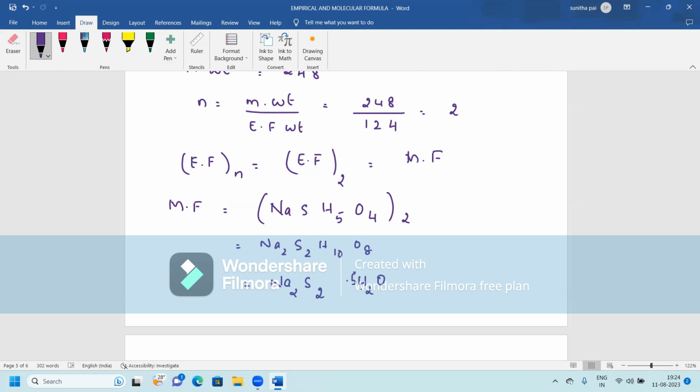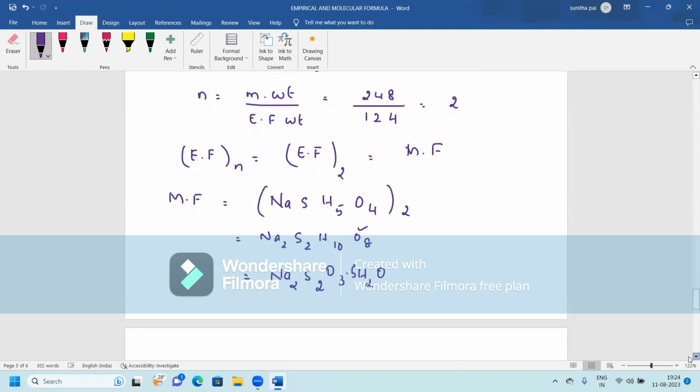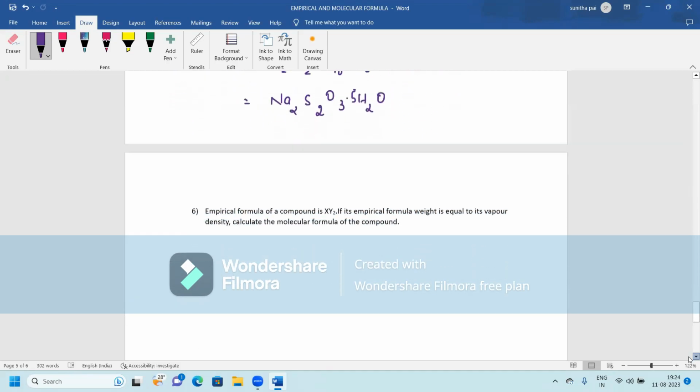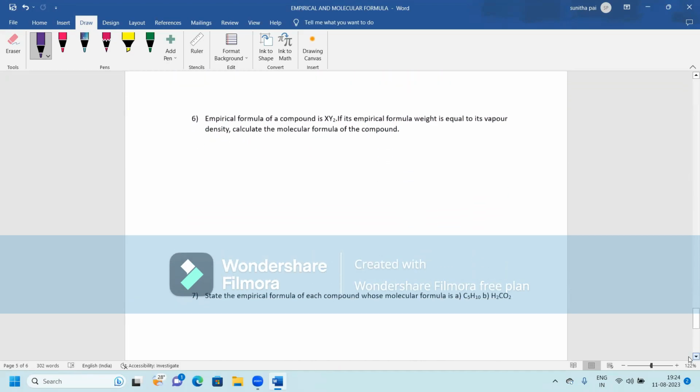I have used 5 atoms of oxygen, but I have 8 atoms of oxygen. So the remaining 3 will be appearing here. Therefore, the molecular formula is Na2S2O3 dot 5H2O. That 5H2O represents 5 molecules of water of crystallization.